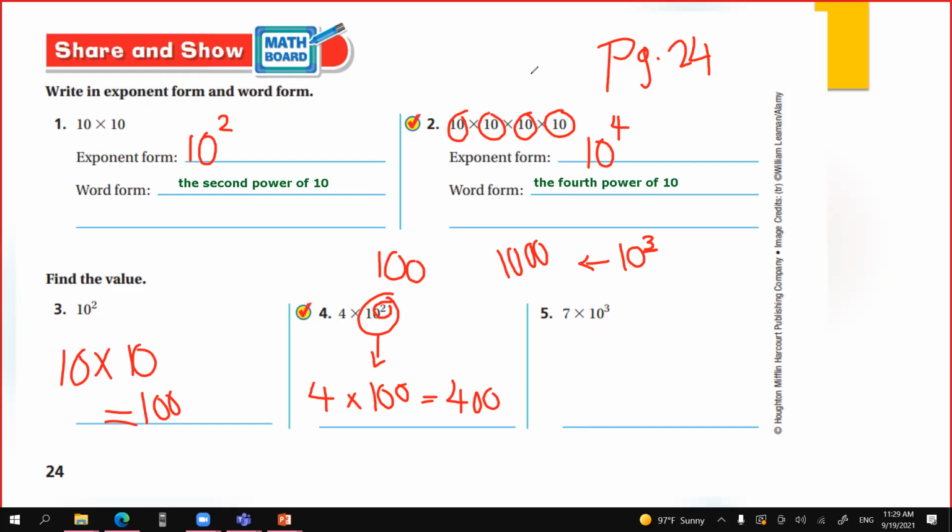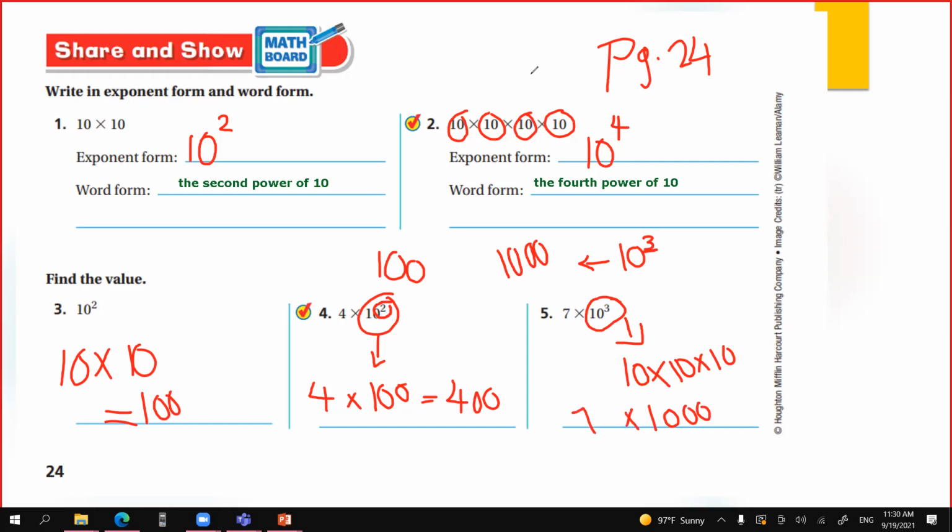Here now, 10 to the power 3. What do I mean by 10 to the power 3? It means I repeated 10 how many times? 3 times. Then 10 times 10 times 10. What's the value of multiplied 10? It's 1000. Is it right?